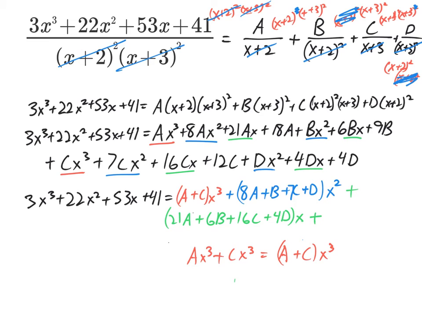Then it's going to be plus my constants, which is everything without x's. So that's going to be plus 18A plus 9B plus 12C plus 4D.